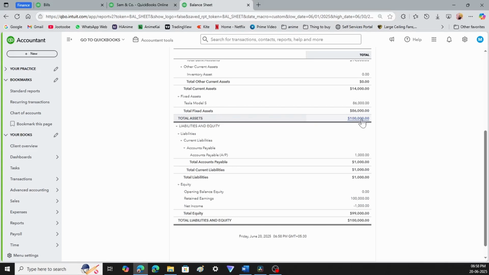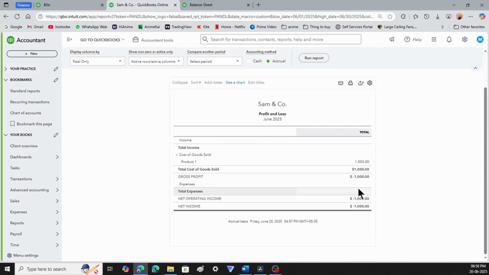This transaction affects three sides of the financial statement. First one is profit and loss account.